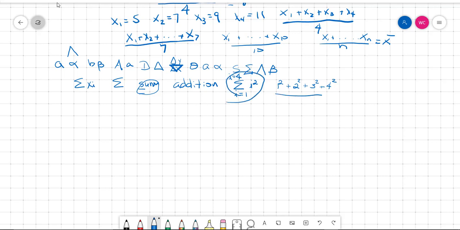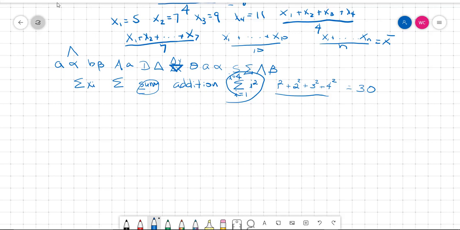If I do that, what do I get? I get 1 plus 4 plus 9 plus 16. 1 plus 4 is 5, plus 9 is 14, plus 16 is 30. Let's try it again. 1 plus 4 is 5, plus 9 is 14. Yeah, 30. Okay, so you get 30.